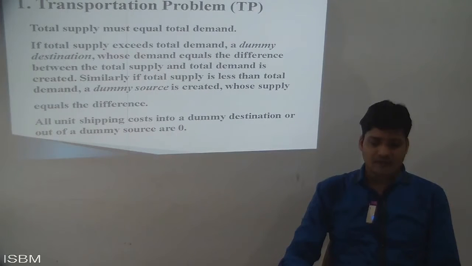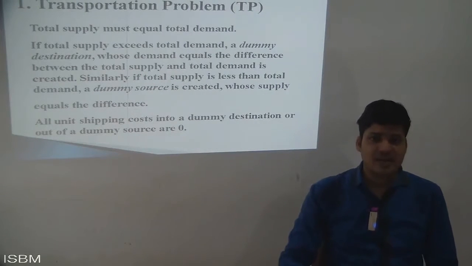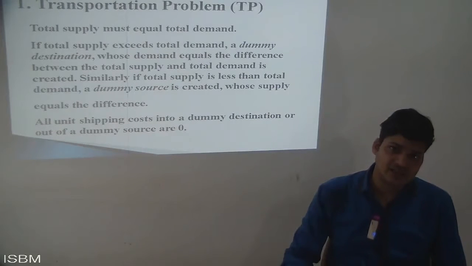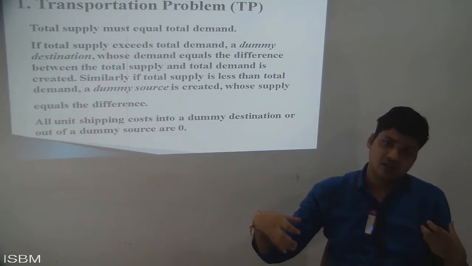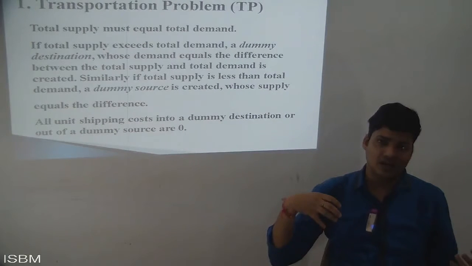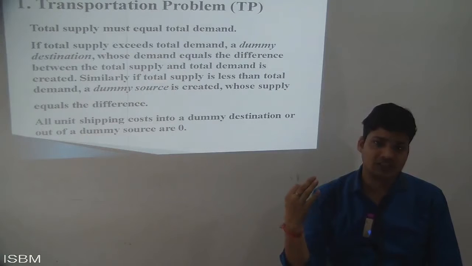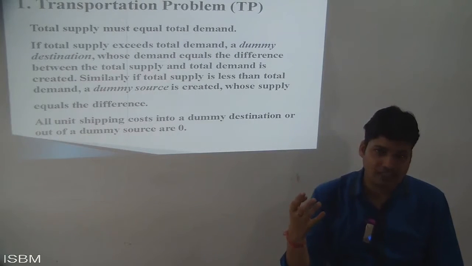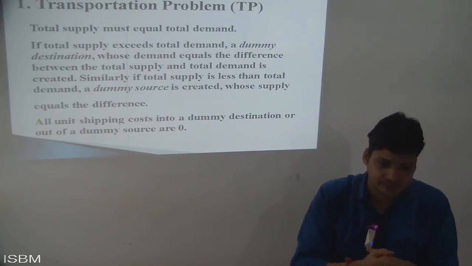Tata Nano has a demand in the market of, say, 100 Tata Nanos required each day. If the company is unable to produce 100 Tata Nanos each day, there will be a big gap between supply and demand. The demand is 100 Tata Nanos, but the company can only supply 60 to 70. So there is a gap of 30 to 40 cars between the supply and demand.